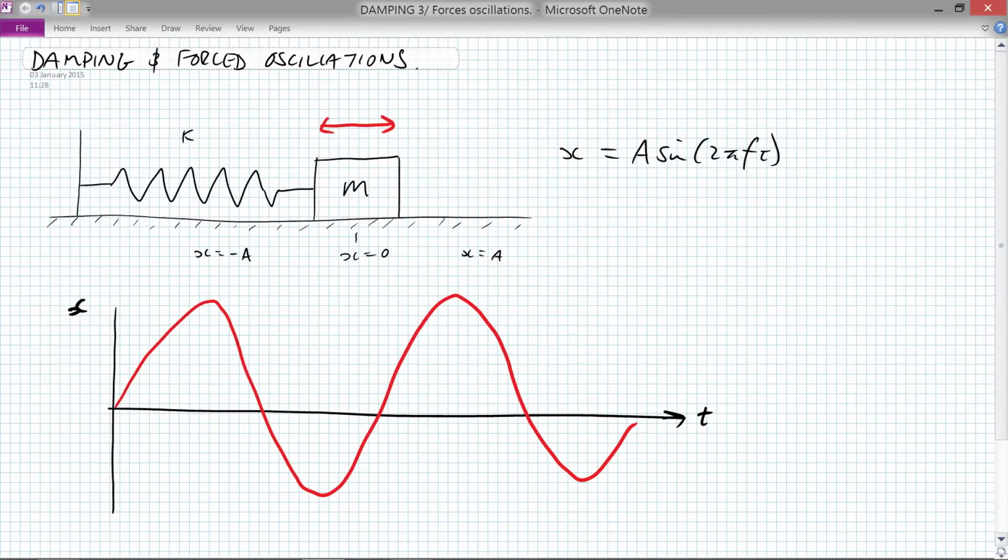So what we actually want to do is talk about what happens as some work is done against this oscillating body.